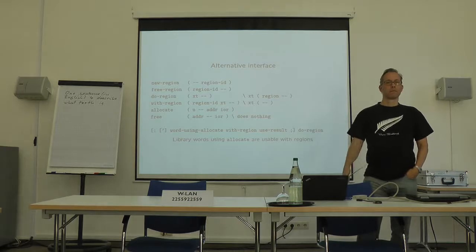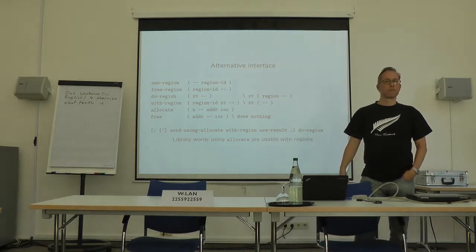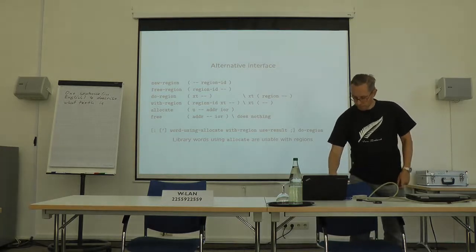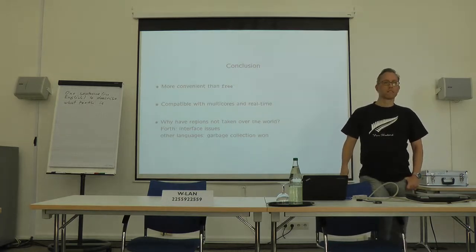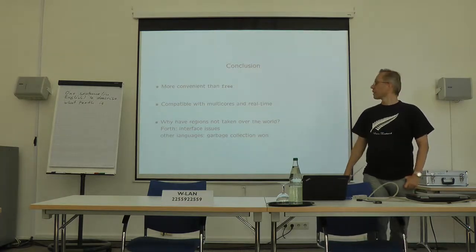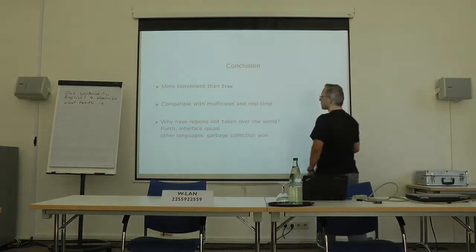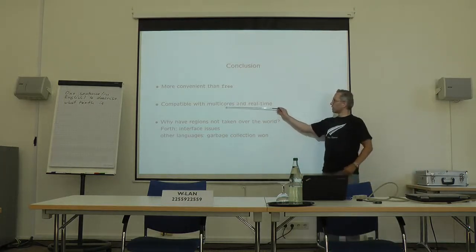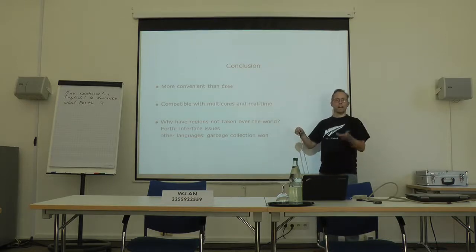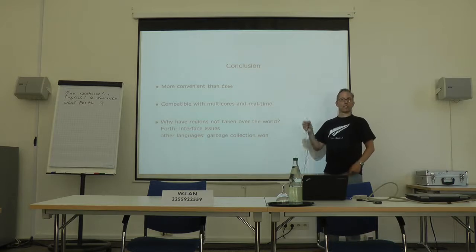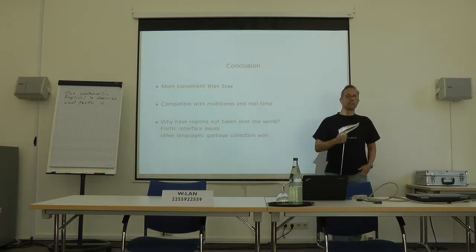On the conclusions slide, you say regions are compatible with multi-cores in real time. Can you explain how? Well, if I do regions in one thread on one core, it doesn't really concern the other threads.